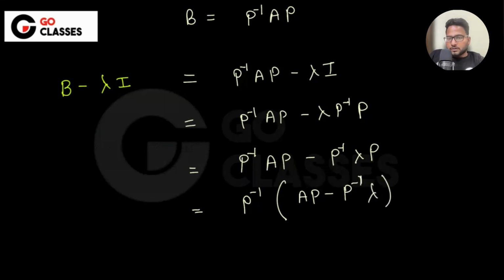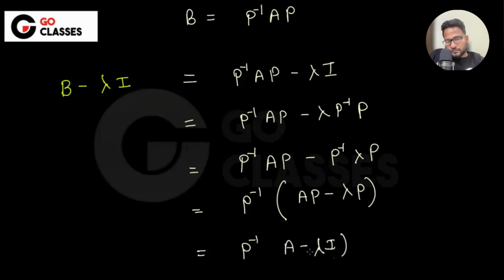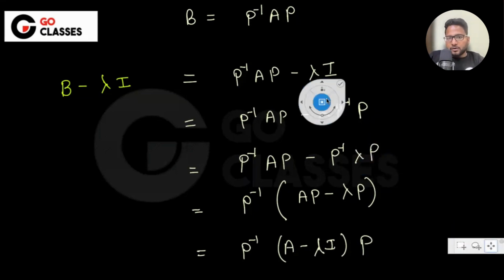Sorry, this is lambda P. Now you can take P inverse common, and then again you can take P common, right? Now, from here, you got to know that B minus lambda I looks like this.